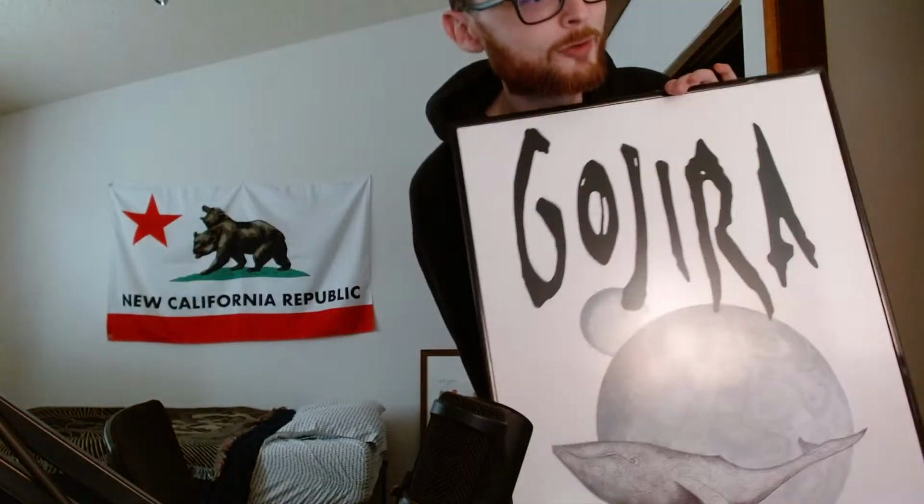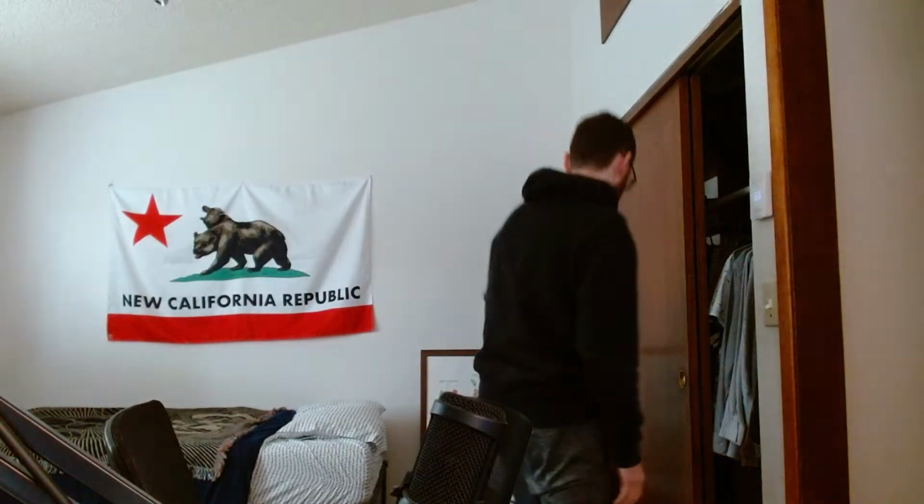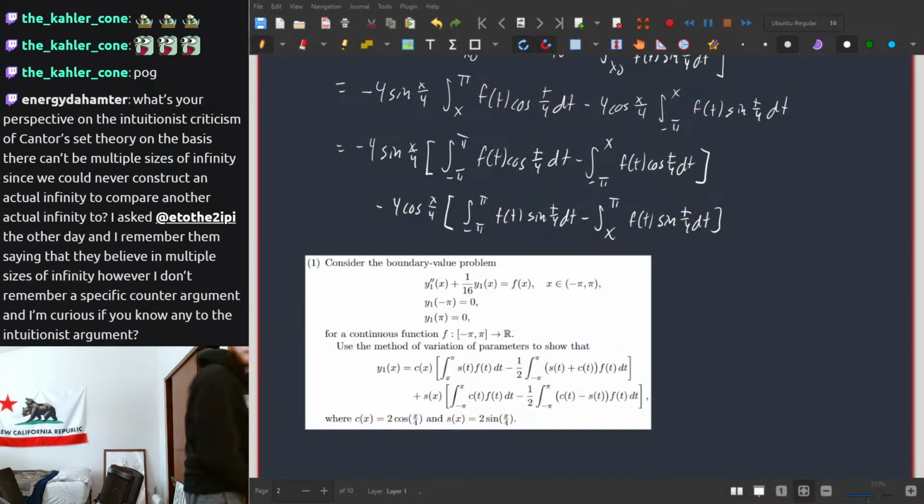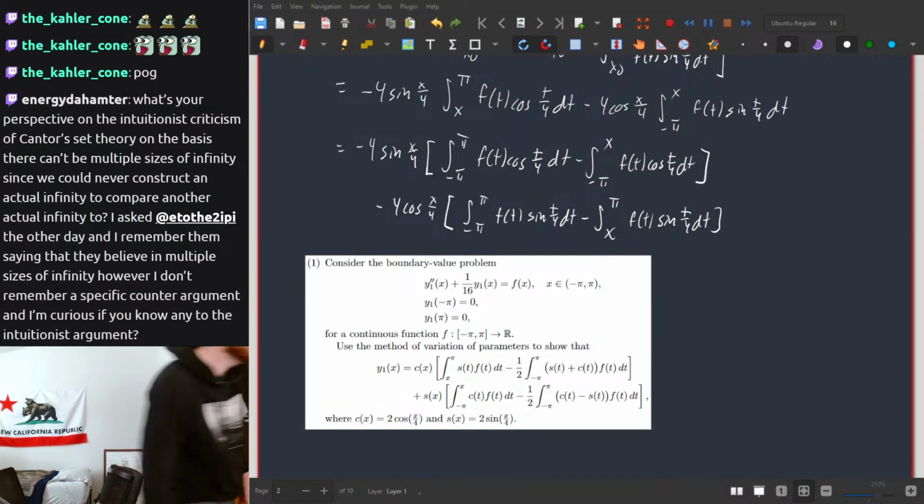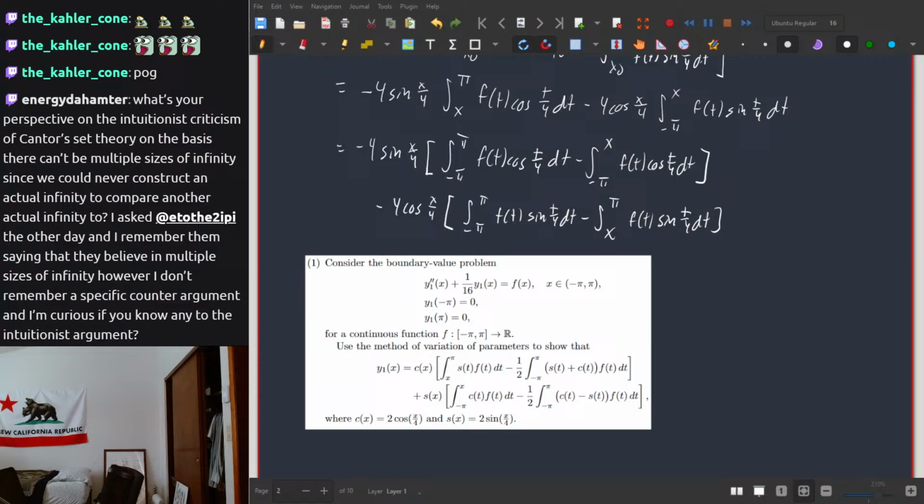But the hoodie just looks so cool. I've been eyeballing it for a minute. Okay, and then once again, let me just put this packaging away. Okay. Anyway.